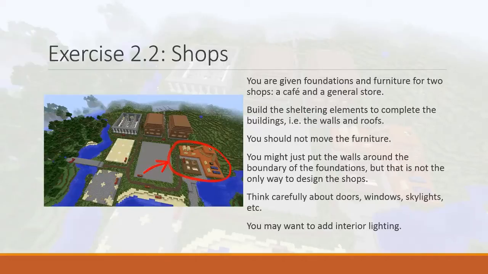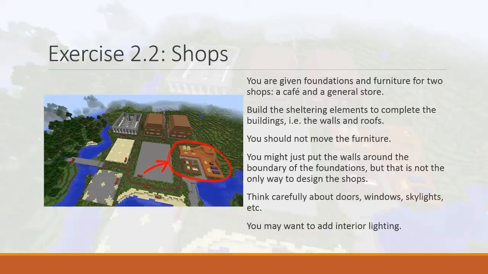If you really, really want to move the furniture, I guess you can. But the point of the exercise is to challenge you to not move the furniture and try to figure out how to make this thing work. If you want to move the furniture a little bit, you can. But the whole point of the challenge is to not move the furniture and see if you can figure this out. The simplest thing to do is to just put the walls around the boundary, right?